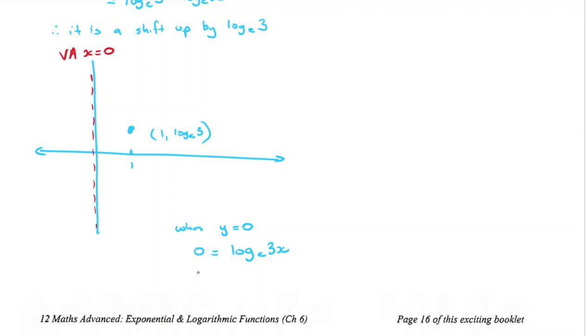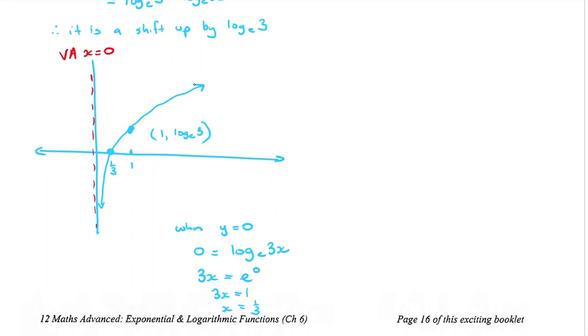It will be 3x equals what? E to the power of 0. What does e to the power of 0 equal? 1. So 3x equals 1. Divide the 3 and x is equal to a third, which maybe is not very surprising. 1/3 is there. Okay, and here is my logarithm.